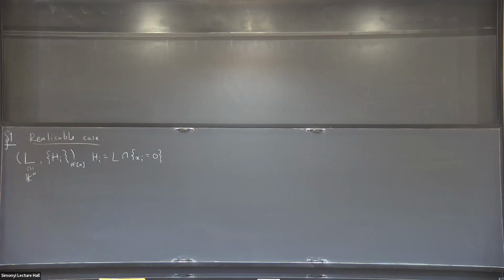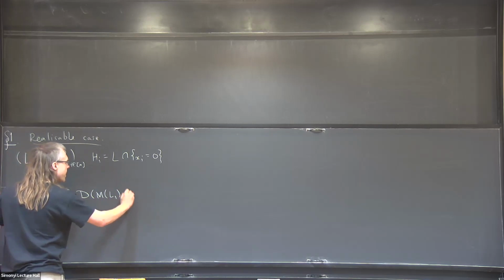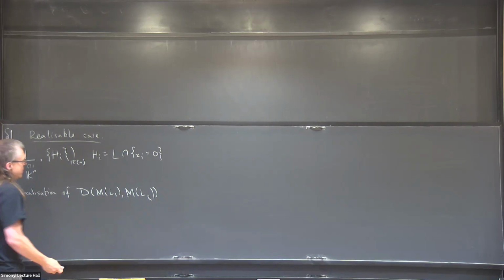Okay, so given L1 and L2, a realization of the Dilworth truncation of L1 and L2, what do you do?